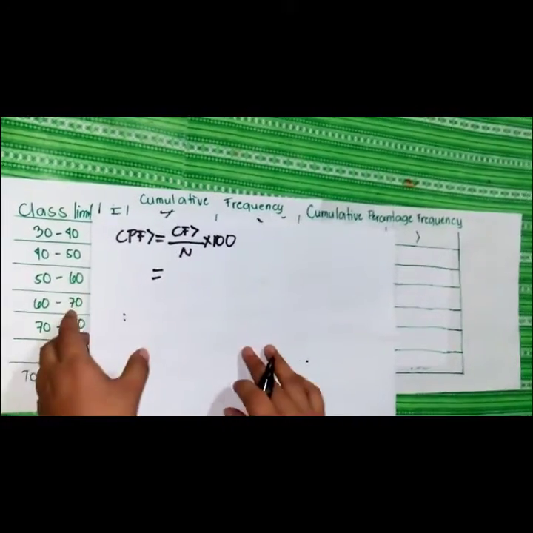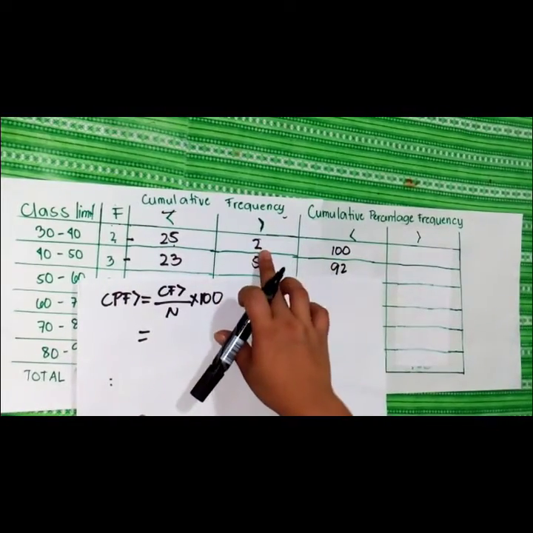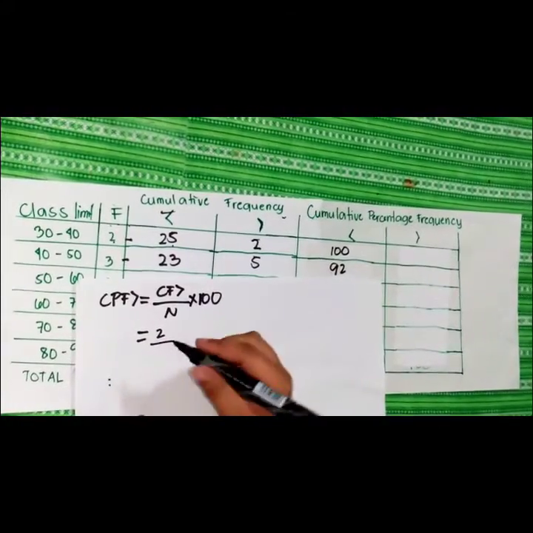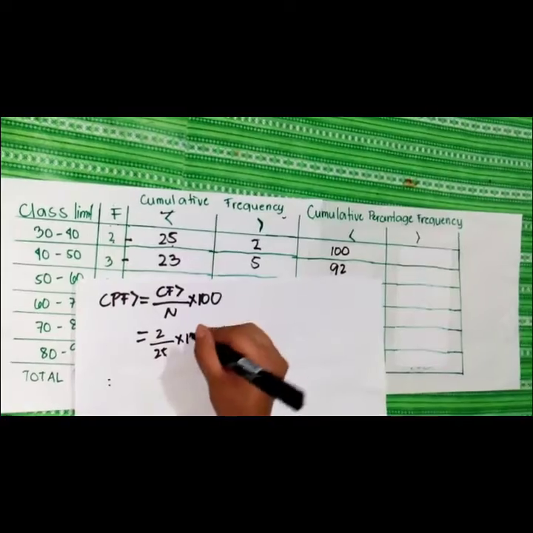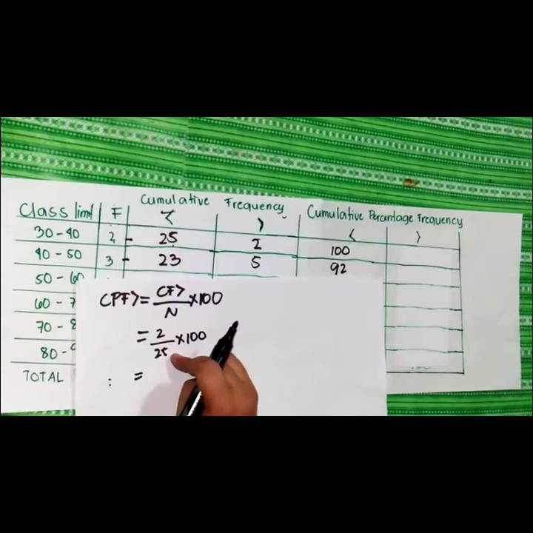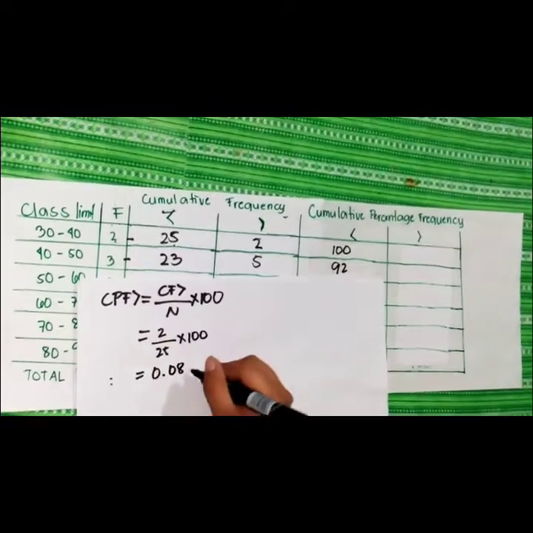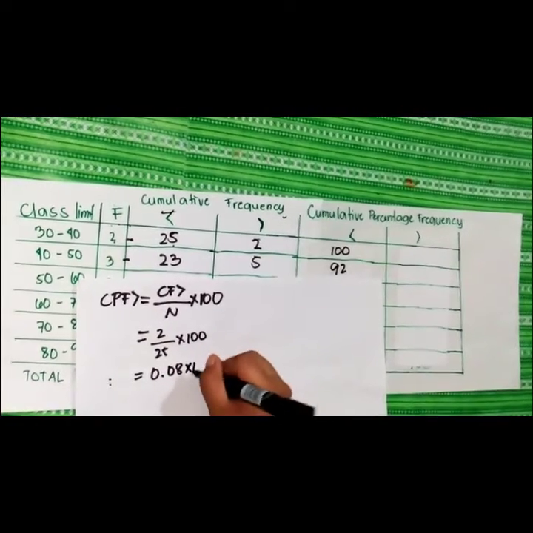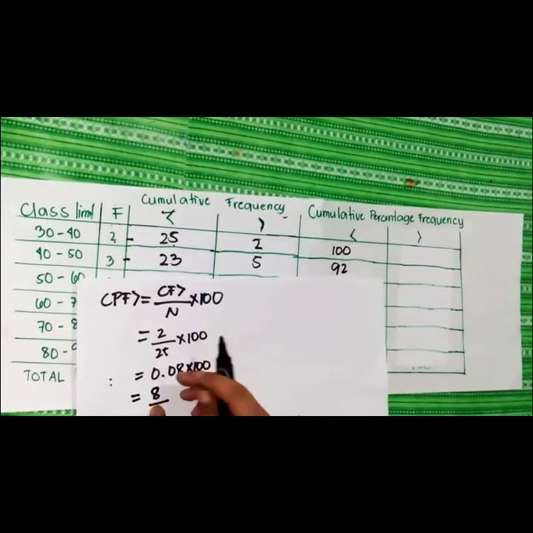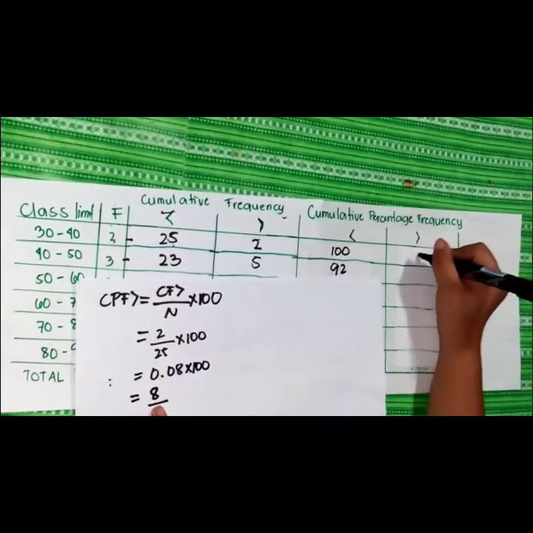So in our first row of cumulative frequency greater than, we have a number of 2. So we are going to write 2 here. Our number of cases, we have 25. So 2 divided by the number of cases, 25, is equal to 0.08. 0.08 times 100 is equal to 8. So our answer of cumulative percentage frequency greater than, we have a number of 8.